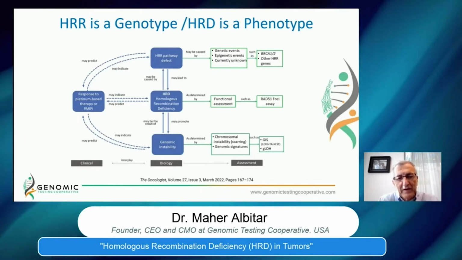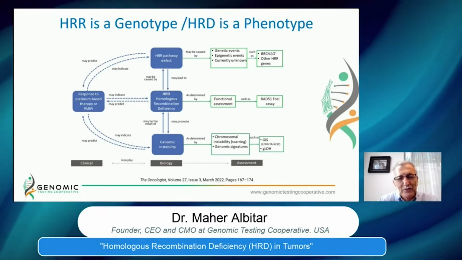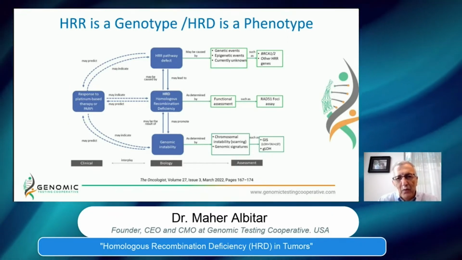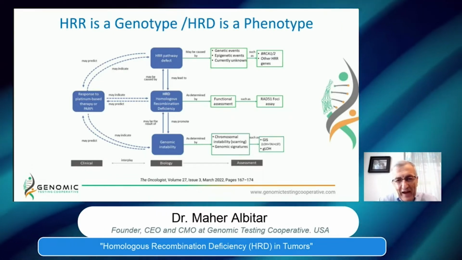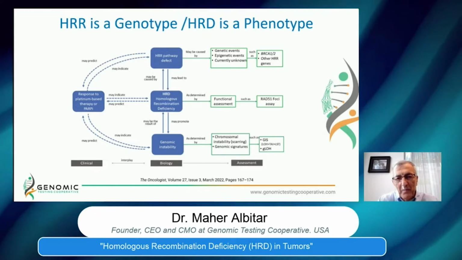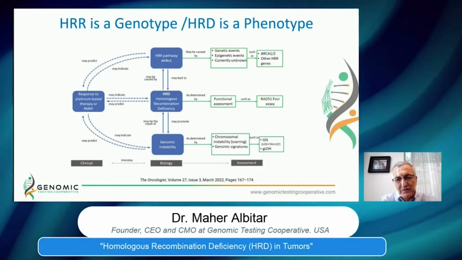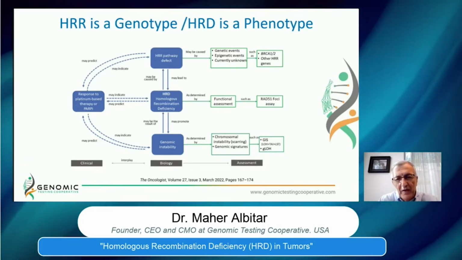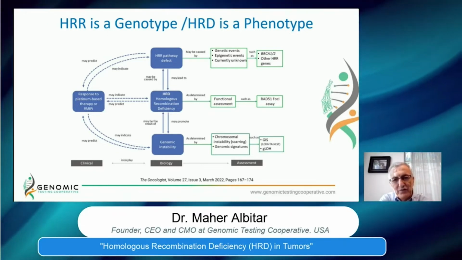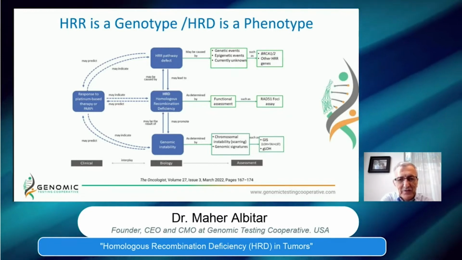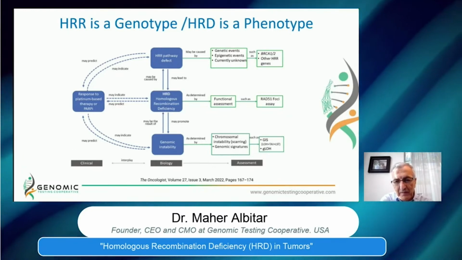The most common way, the most reliable way, and the practical way for looking at homologous recombination deficiency is to look at the end results, which is genomic instability or scarring in the chromosomes in the tumor cells. And they are called scars because they are the results of the deficiency in homologous recombination.